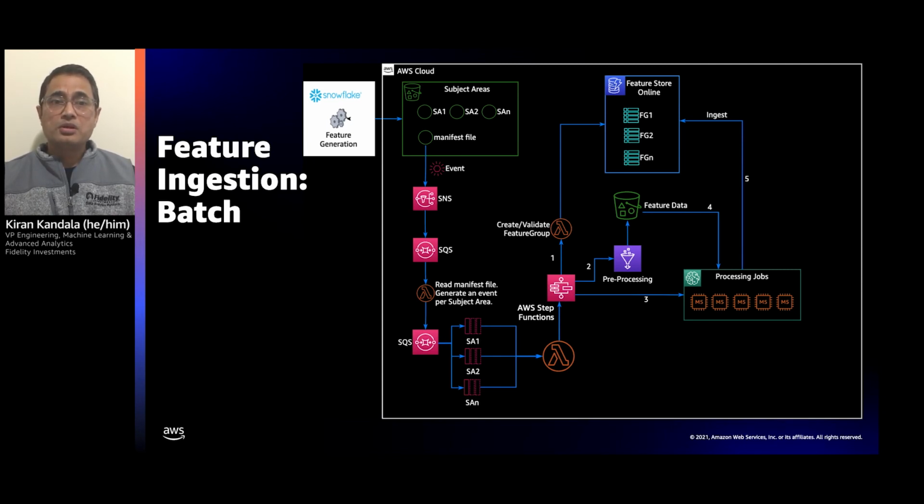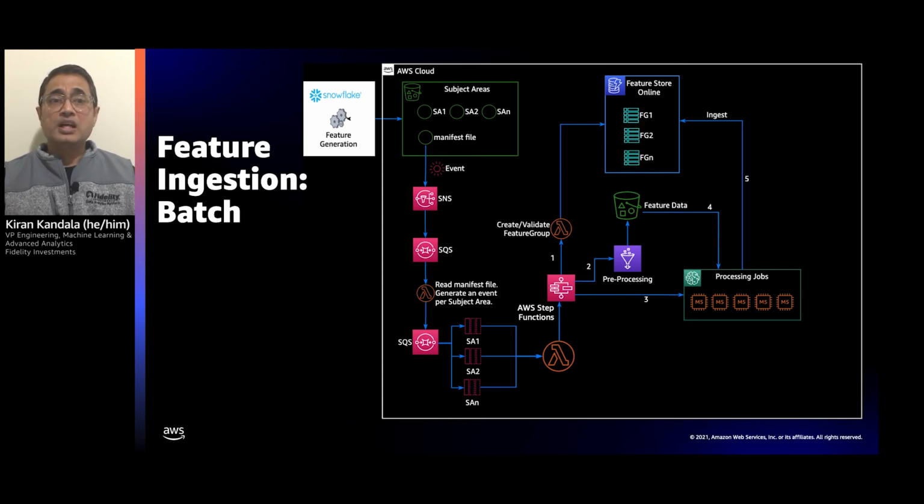In step 2, we do some pre-processing where we do a cross-reference ID standardization. We're using Glue for this pre-processing job. And then the step function triggers off the SageMaker processing jobs. SageMaker reads the feature data from S3 that was produced as part of the pre-processing step and then ingests it into the feature store.